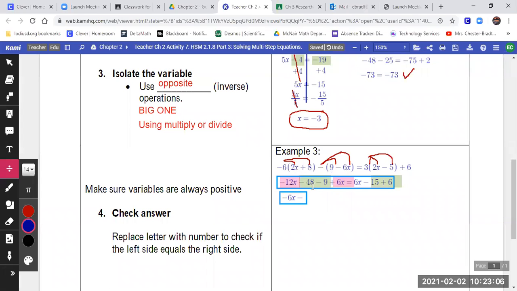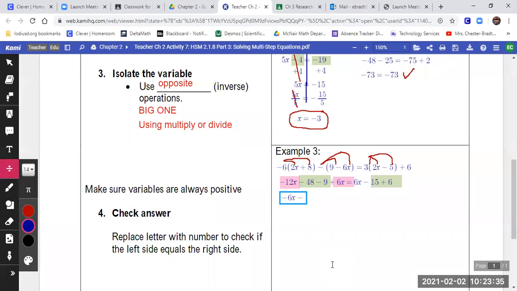I have a -48 and -9. They combine to be what? 48 and 9 combine to make what? Use your calculators, guys. It's fine to use your calculators.